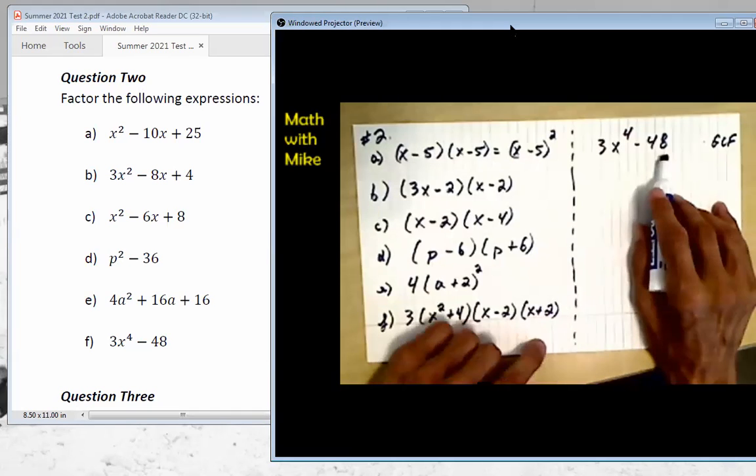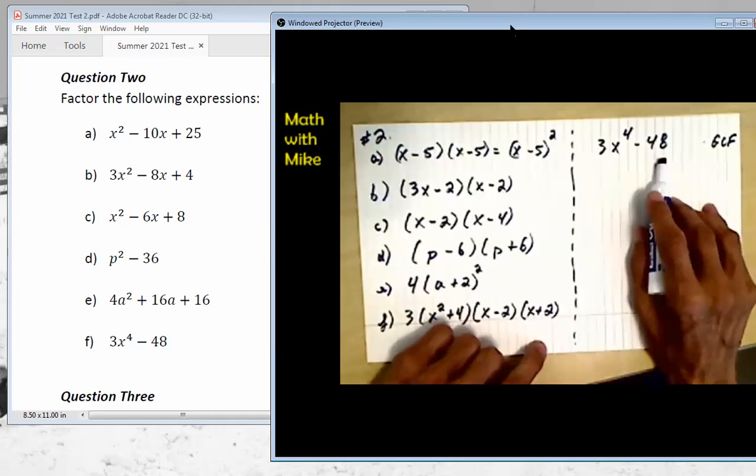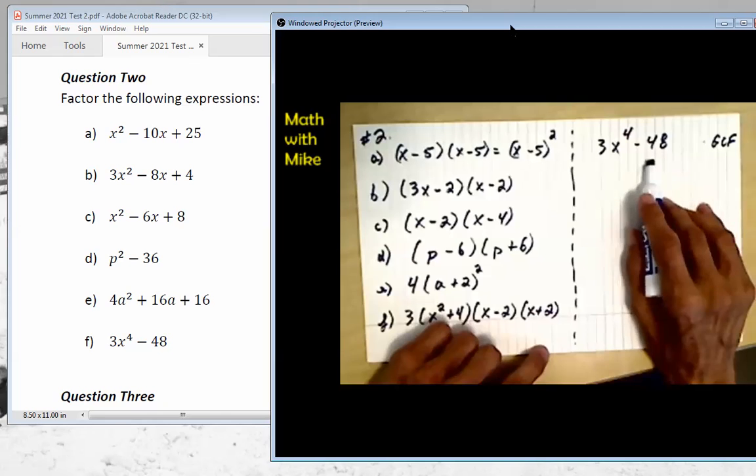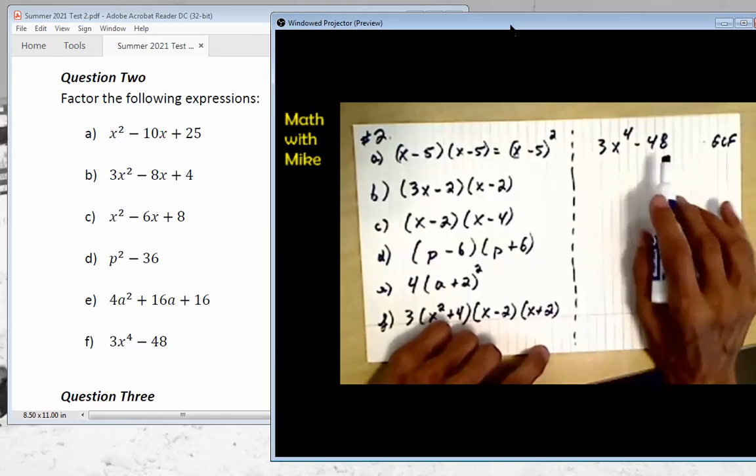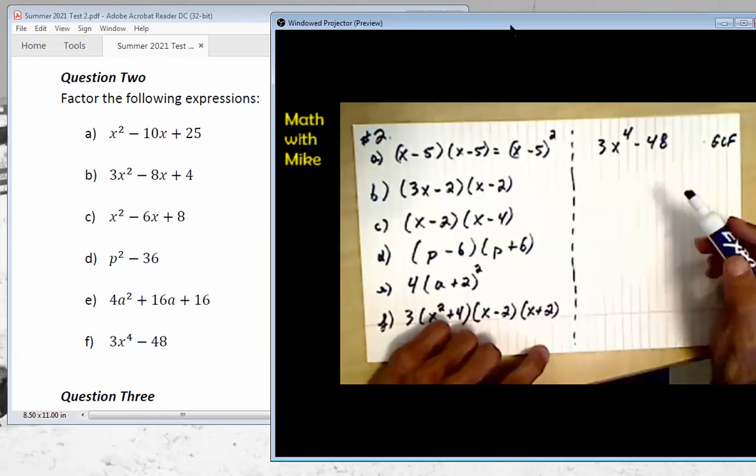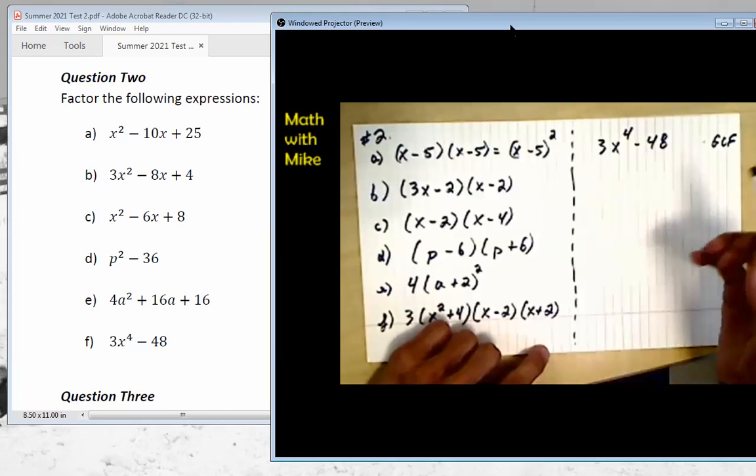So 4 plus 8, if you're not sure, 4 plus 8 is 12. Does 12 divide by 3? No, so there's a little trick to see if something divides by 3. You add up the numbers and it gets a smaller number.